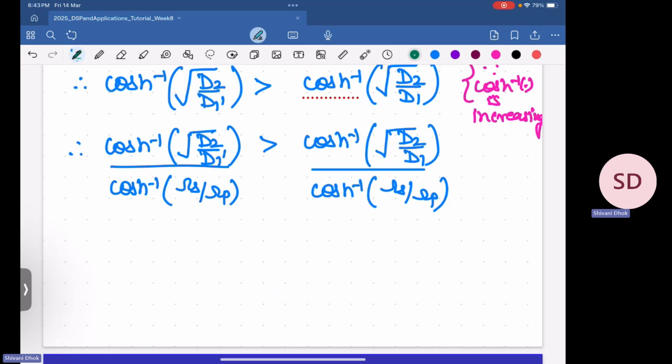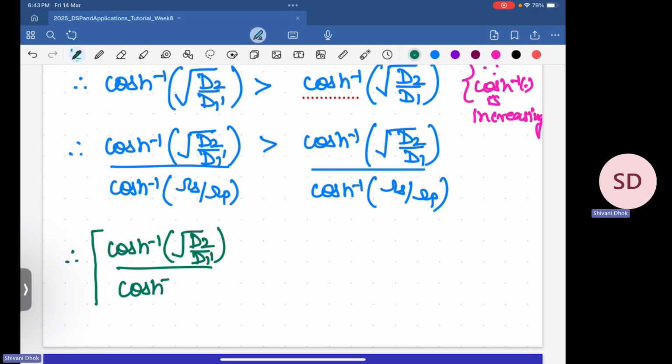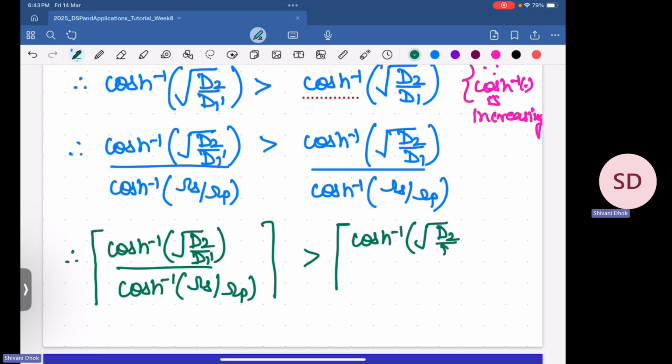So therefore if I take ceil, then cosh inverse under root of d2 by d1 prime upon cosh inverse of omega s by omega p is greater than ceil of cosh inverse under root of d2 by d1 divided by cosh inverse omega s by omega p. If we take ceil, it will give higher.